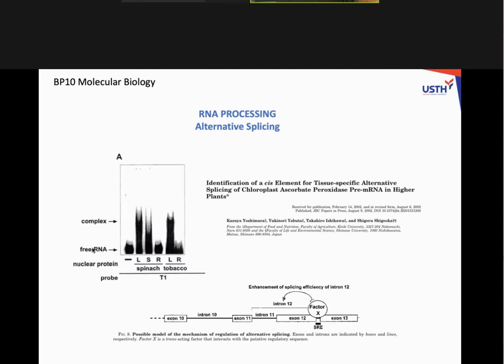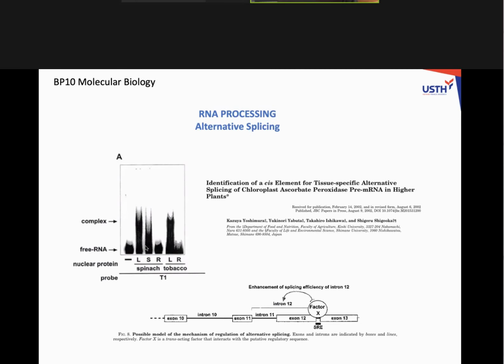And this is the electromobility shift assay. There are 6 lanes. Okay. There are plenty of redundant lanes. So we're going to see first the first lane on the left. You see what they put in the tube. In every one of the 6 lanes, they put the probe. The probe is this fragment of RNA which is radioactively labeled. Okay?